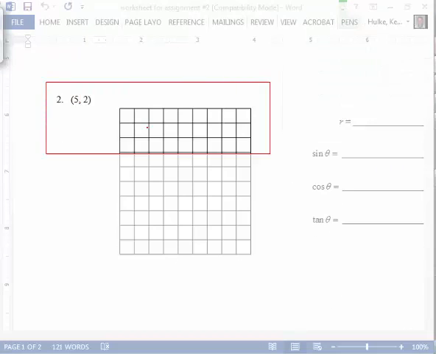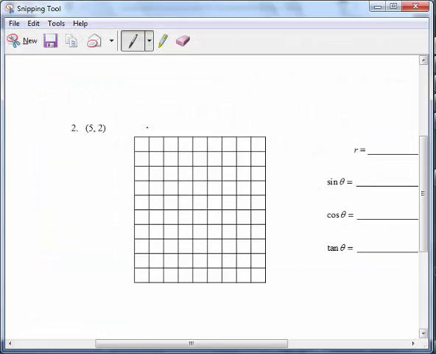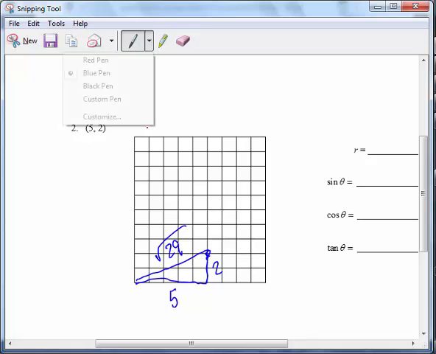So over 5 up 2 is this point. So we've got a triangle that looks like this: 5, 2, square root of 29. And we're talking about this angle here. So the radius is the square root of 29.